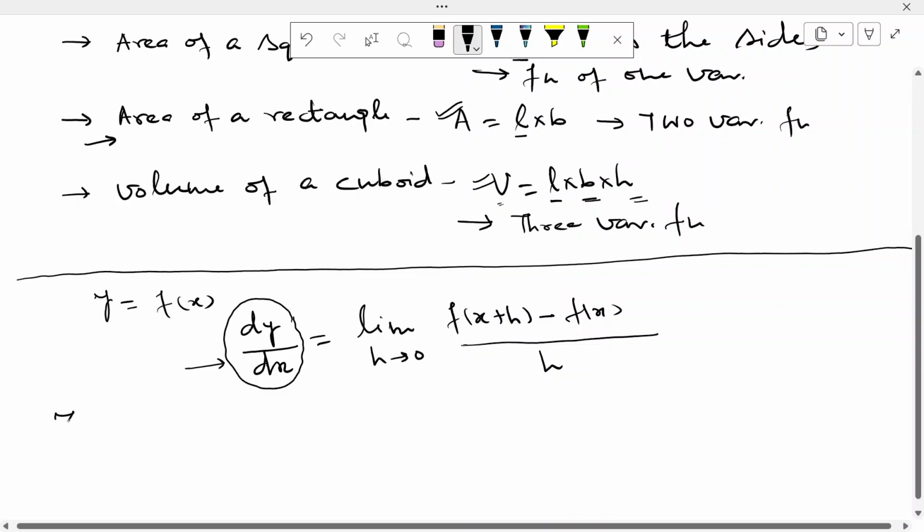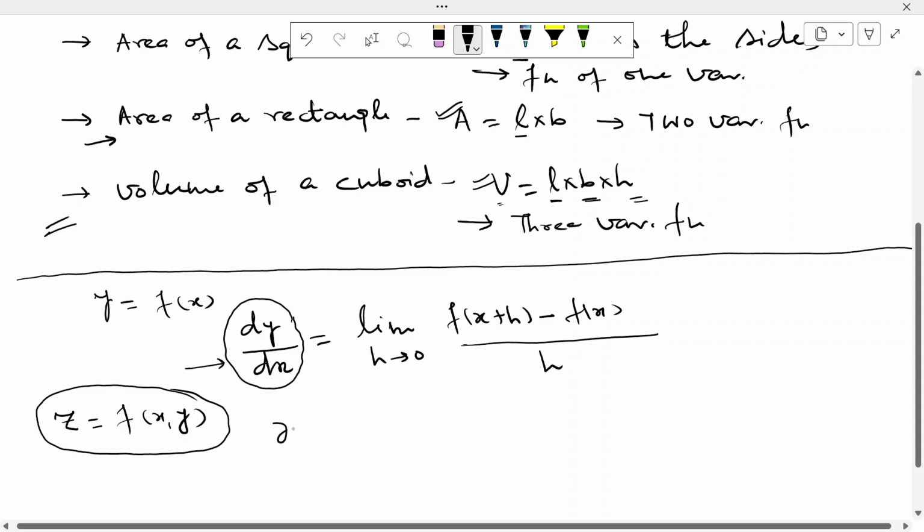Now on the other hand, if you are having a function z which is a function of two variables x and y, then again as we discussed here, now we can apply the concept of partial differentiation. Because this z depends on two variables x and y, we can differentiate this z with respect to x or with respect to y.